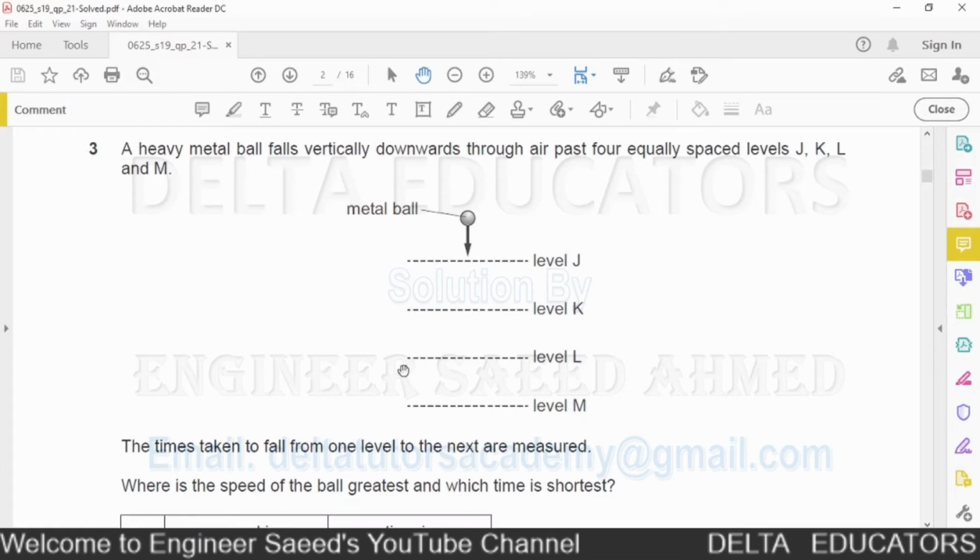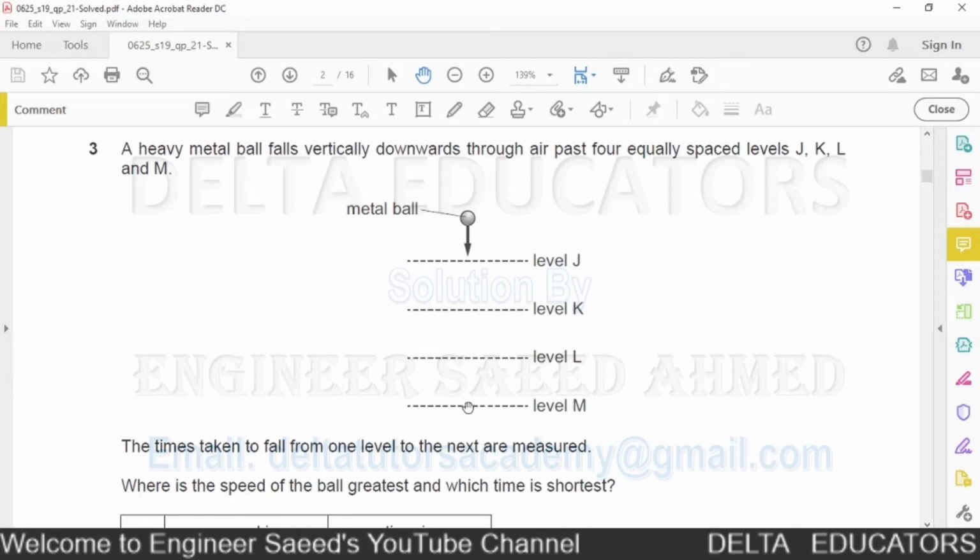Question number 3. A heavy metal ball falls vertically downwards through air past 4 equally spaced levels J, K, L and M. The times taken to fall from one level to the next are measured. Where is the speed of the ball greatest and which time is shortest? Here the ball is moving vertically downward.